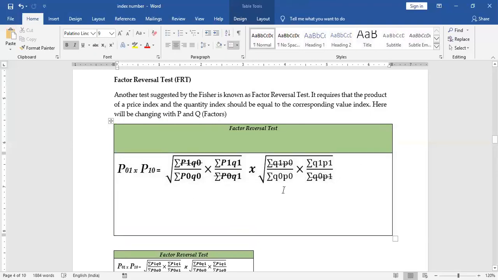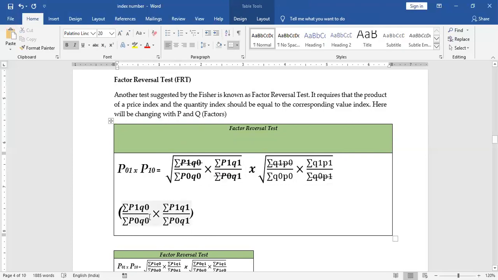We have 2 here, on the numerator side we have 2, on the denominator side we have 2. So what we can do is, see, we can put it as a whole square here. I'll be copying this. Here I'll be once again putting it.